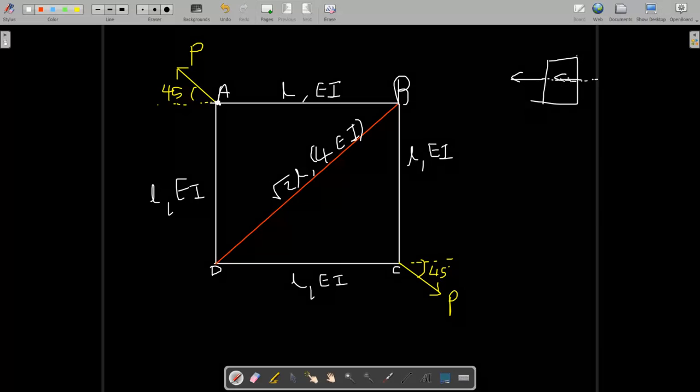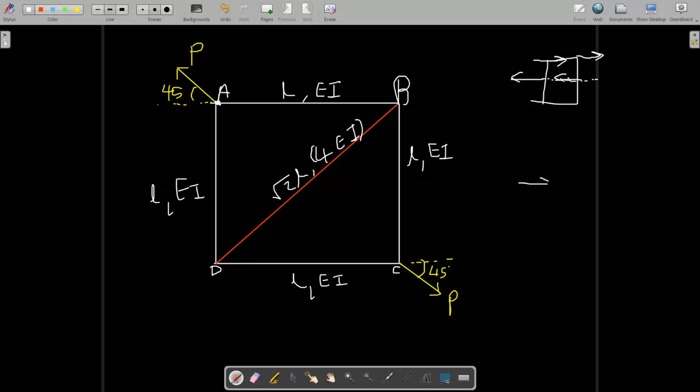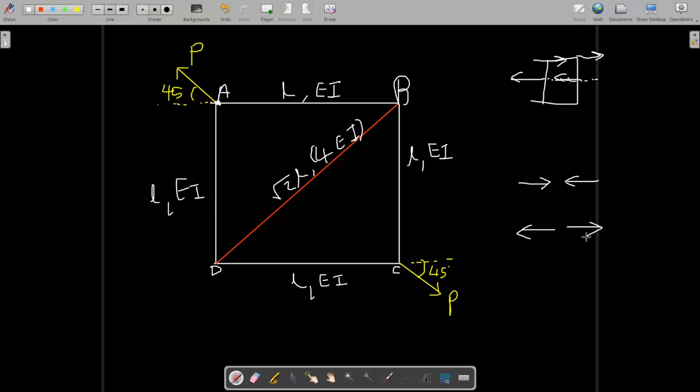Whenever a member is in tension, a tensile force is acting, so it produces an opposite reaction within the member. And if the member is in compression, then it will produce a reaction in the outward direction.